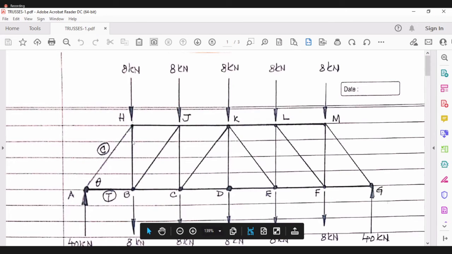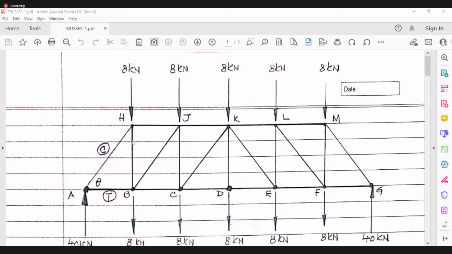Now one thing is there: AB is in tension, so A is pulling AB, so AB is pulling A, so this force should be like this. AH is in compression, so this force should be over here like this. These forces are on the joint and not on the members.